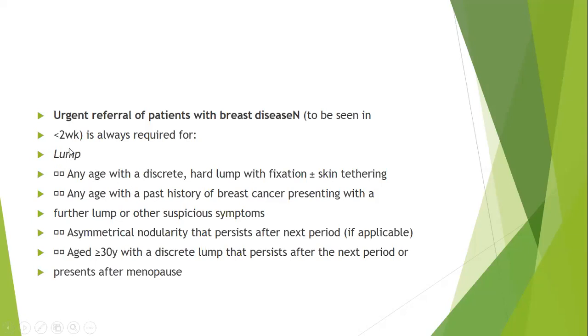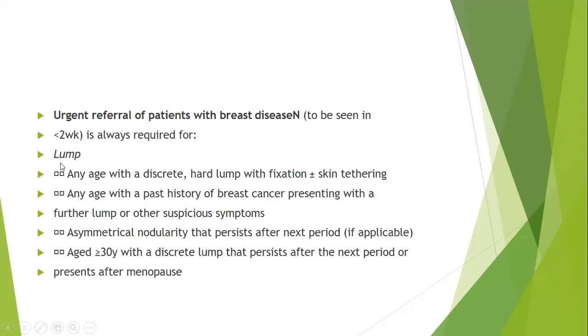If the patient has a lump with a past history of breast cancer presenting with a further lump or with suspicious symptoms, you need to refer that patient. However, all lumps you don't need to refer, right? If the lump has asymmetrical nodularity that persists after the next period, if applicable, then obviously you need referral for that.